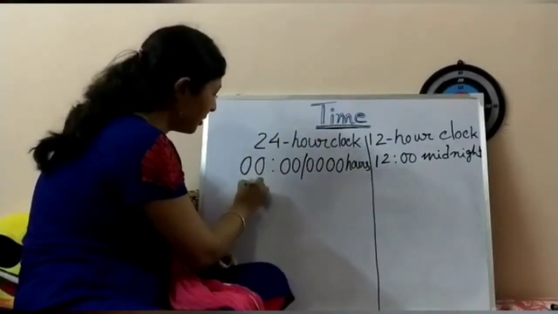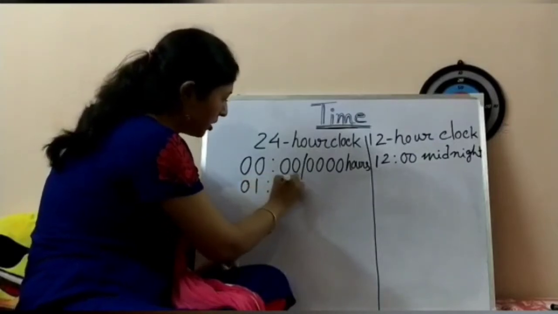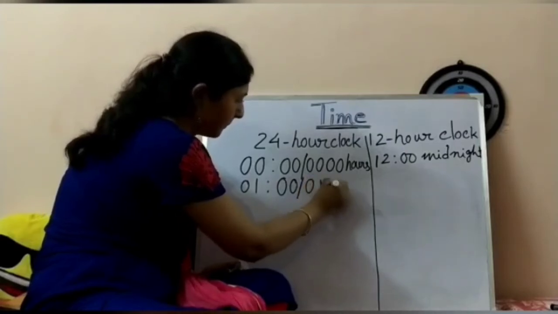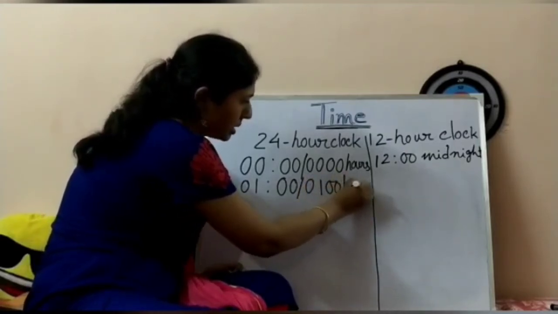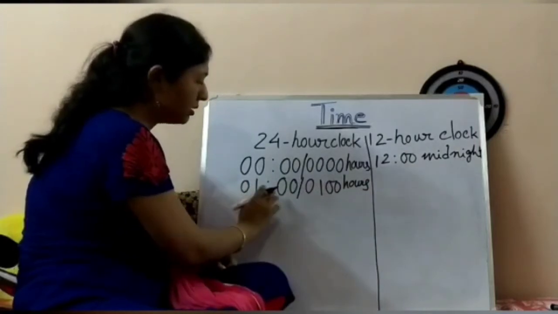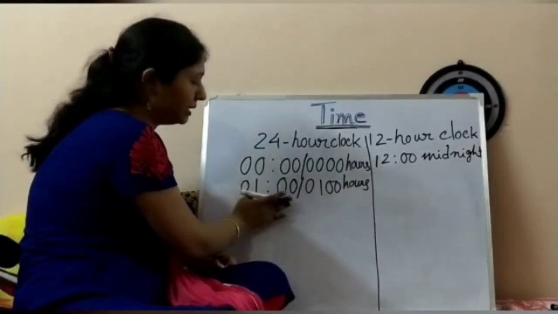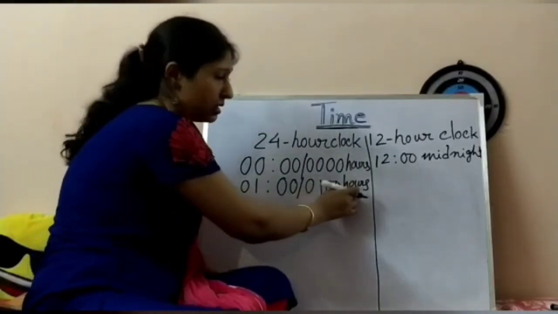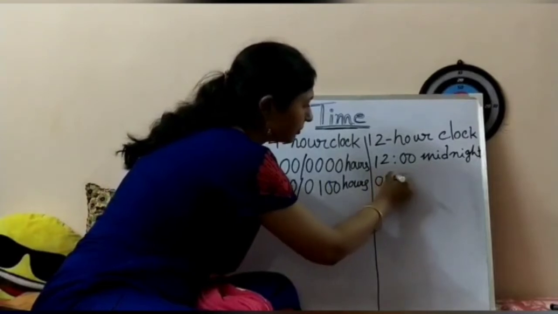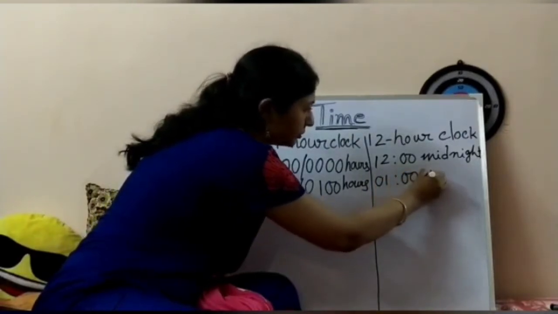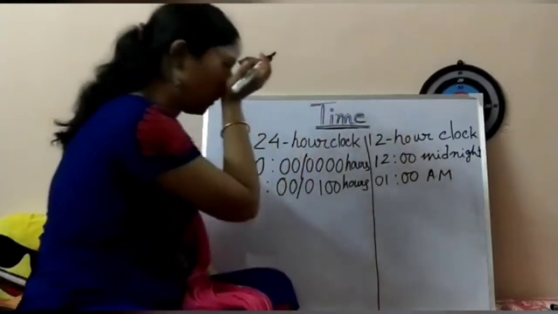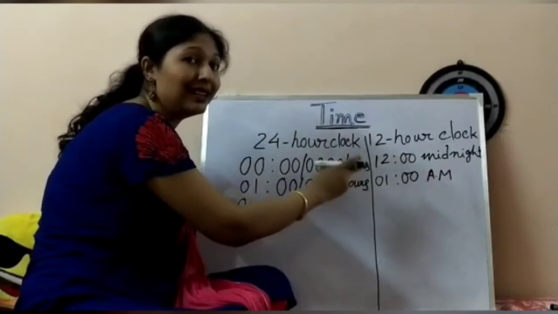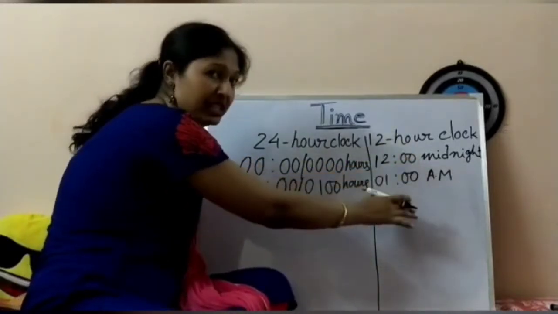So here 1 o'clock will come like that. 01 is the hour part and this is the minute part, or otherwise we can write 0100 hours. Through this, we can understand that it is before midday.